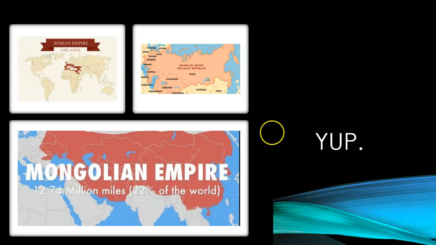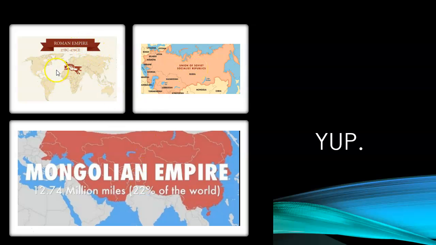Do political boundaries change? Of course they do. This is a map of the Soviet Union, and now all of these different countries are independent countries. Places like Latvia, Lithuania, Estonia, Ukraine is up here, all of the stans, Kazakhstan, Turkmenistan. These are all now independent countries, and at one point they were all part of the Soviet Union.